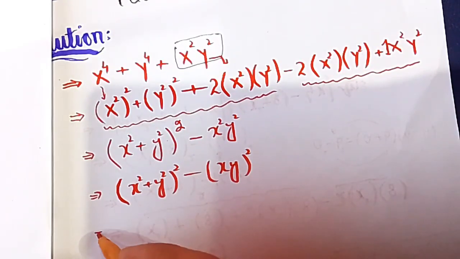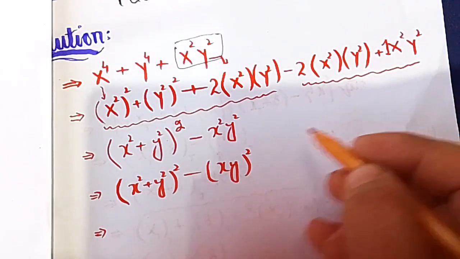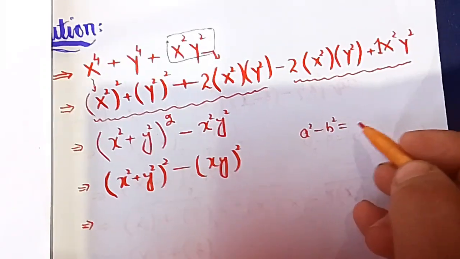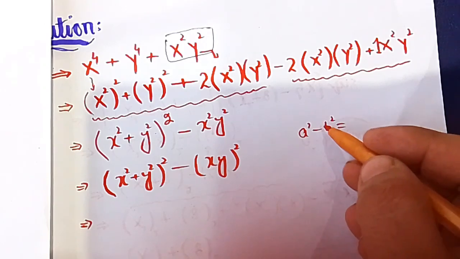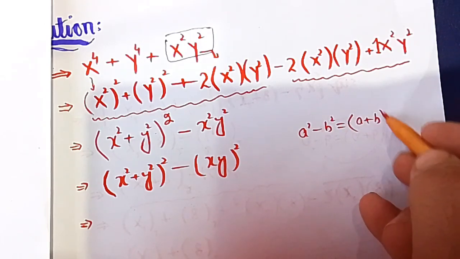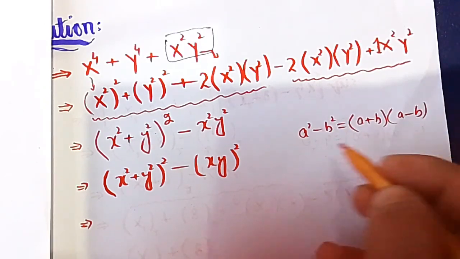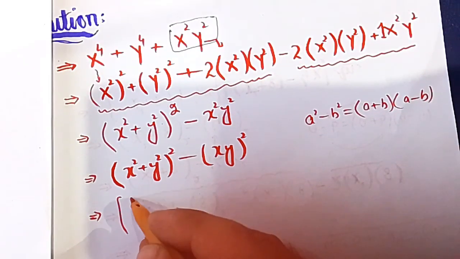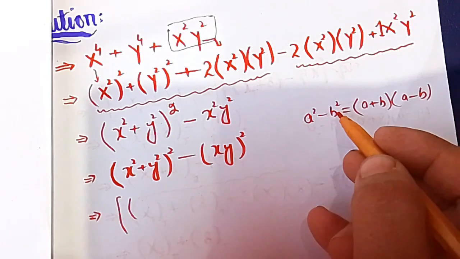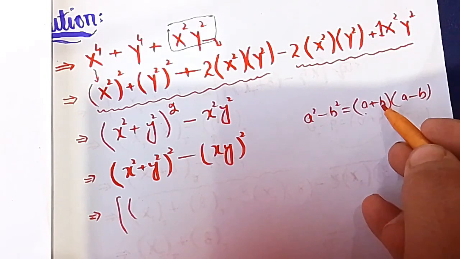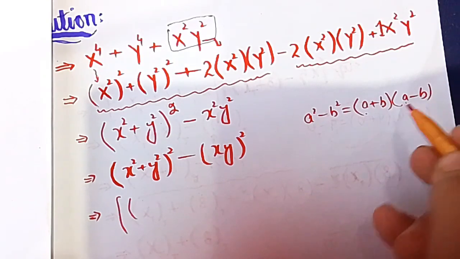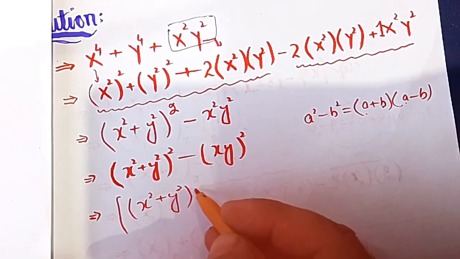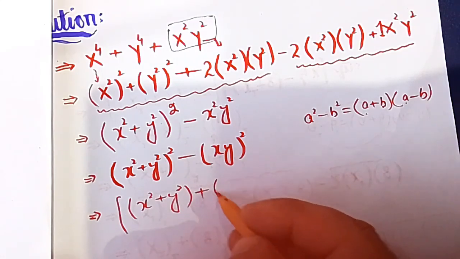After that we know a formula again. If we have a square minus b square, then we can write it as a plus b into a minus b. Using this formula, first square minus second square is equal to first plus second into first minus second. So the first one is x square plus y square, plus the second one xy.